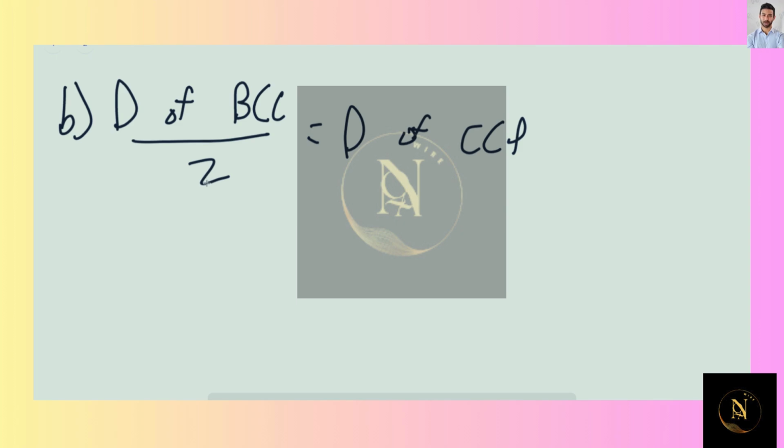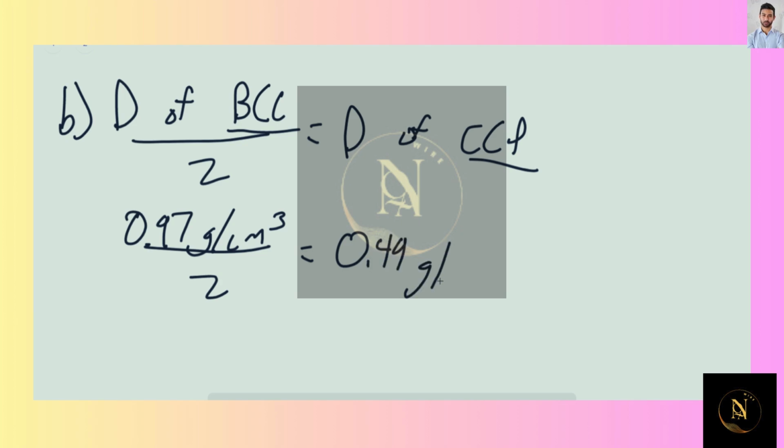The reason for this is because in CCP there is 1 atom per unit cell, and in BCC there are 2 atoms per unit cell. So if we divide this by 2, we'll get the correct density. 0.97 grams per centimeter cubed divided by 2 is equal to 0.49 grams per centimeter cubed. And that is our final answer.